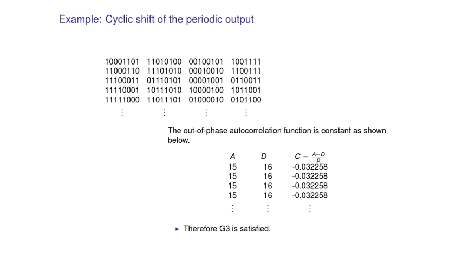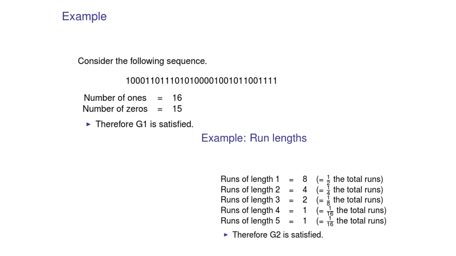So that value is what we call the out of phase autocorrelation value. That will be A minus D, number of agreements minus disagreements, divided by P. P means period. So 31.